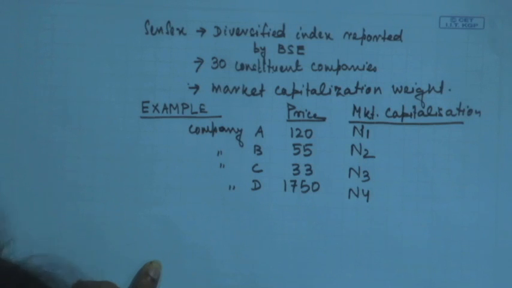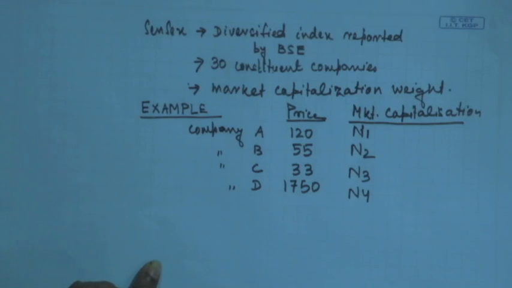Let's say company A could be 3 lakh shares, company B 50 lakh shares, company C some 7 lakh shares, depending upon the number of shares issued by the respective company and the number of shares freely available for trading.